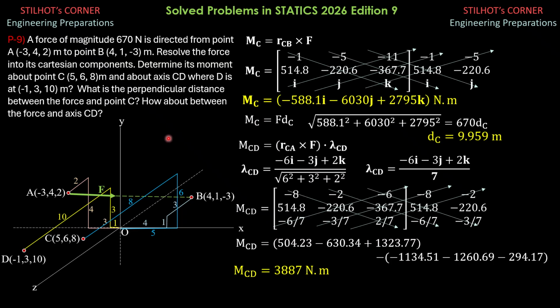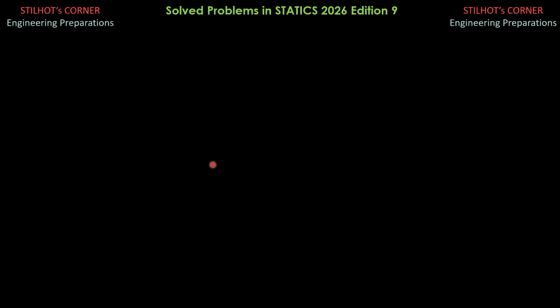So for the perpendicular distance between the line of action of the force and CD, let's have that on the next slide. So the moment about axis CD is 3,887 Newton meter from the preceding slides.